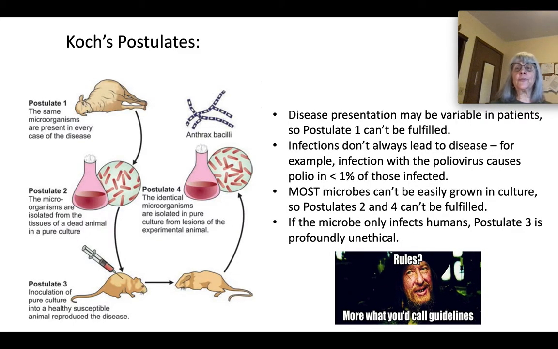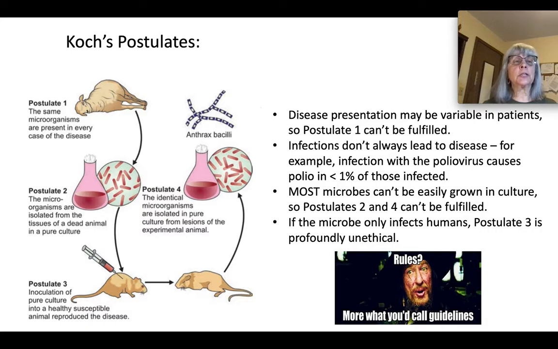So this is a picture or a diagram of Koch's postulates. Postulate number 1 is you take a sick animal. In this case, we'll use the bacteria Anthrax bacilli, which causes anthrax. And anthrax was pretty common among sheep initially.